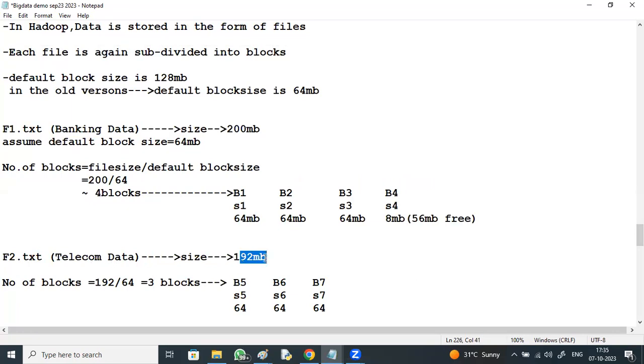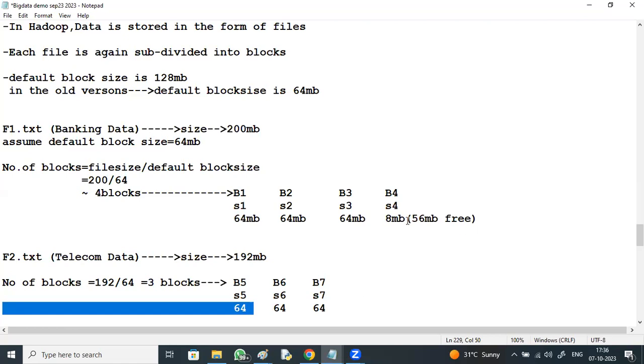Into how many blocks is this file divided? 192 by 64, 3 blocks: B5, B6, and B7, each 64 MB.